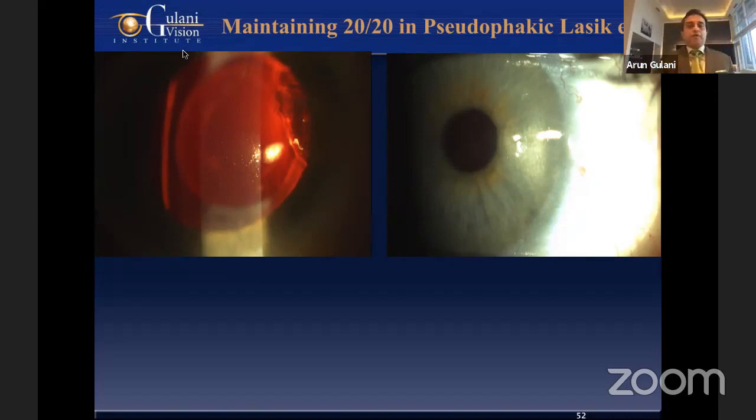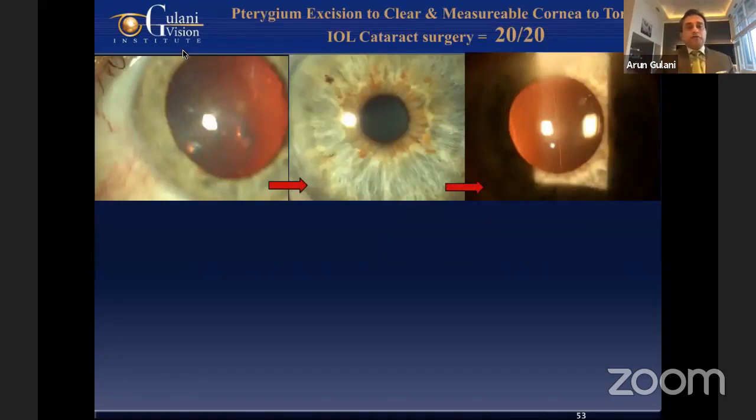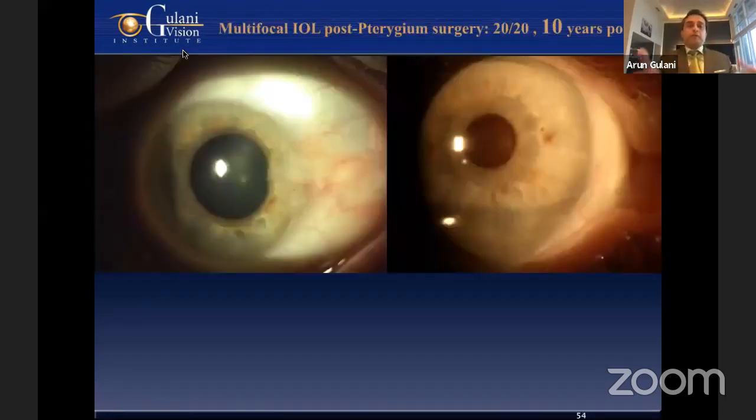So here's a patient where we have to maintain their pseudophakic vision at 20/20, so you cannot harm it while you're removing the pterygium, very important. Here's a patient, we remove the pterygium, put in a toric lens, bring them to 20/20. Here's a patient, you can put in a multifocal lens after pterygium, because after you've done it the way I want you to, the patient is a normal patient, expecting great vision at all distances.